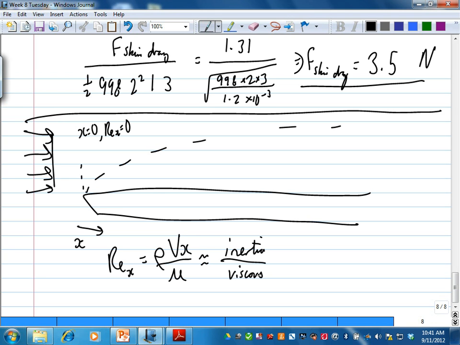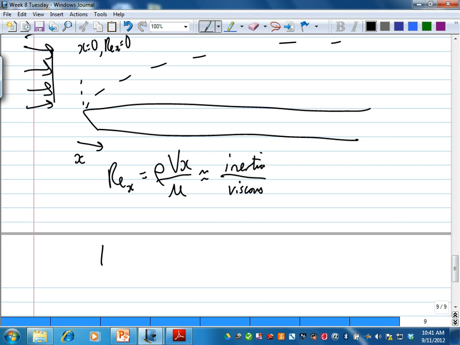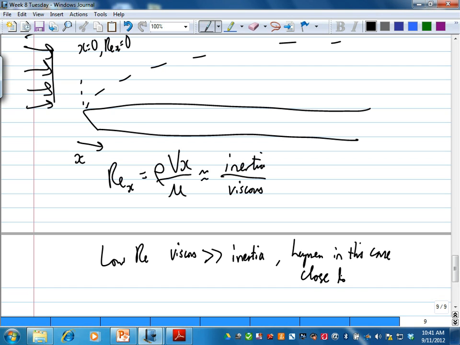So when Re_x is 0, viscous is basically very much bigger than inertia. For low Re, your viscous is much larger than your inertia, and that happens in this case close to the leading edge.